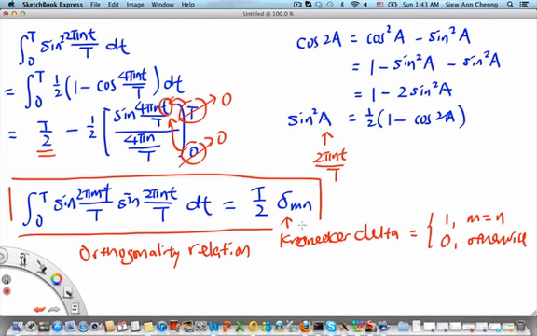But for evaluating Fourier coefficients, just having an orthogonality relation is enough. We do not actually require the functions themselves to also be normalized. In the next video segment, we will talk about the orthogonality relation between sines and cosines.